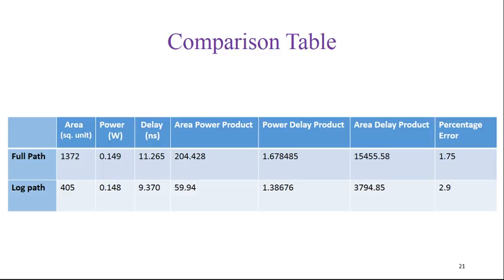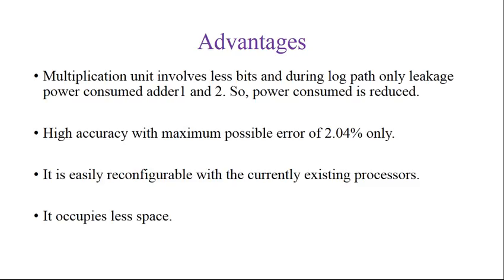So if we see the comparison table for the different parameters like area, power, delay, the log path has the least value when compared to the other full path and the percentage error is slightly increasing, it is around 2.9. So any one of these two paths can be utilized based on the requirement.